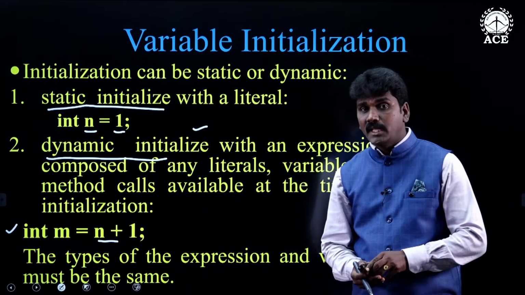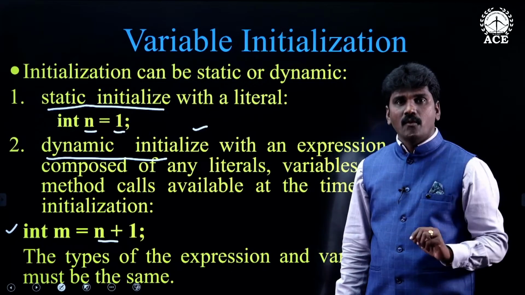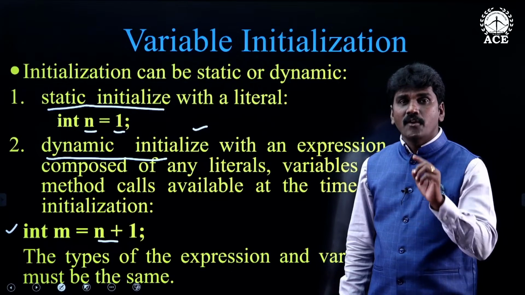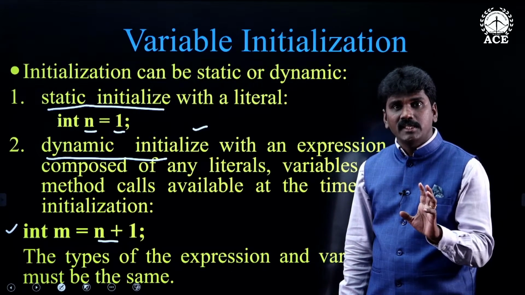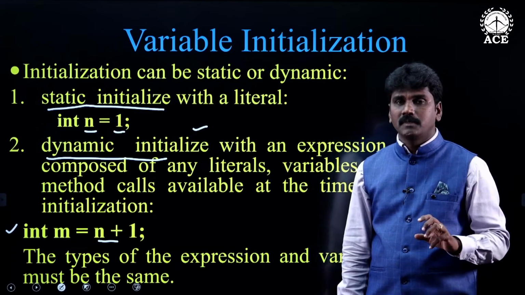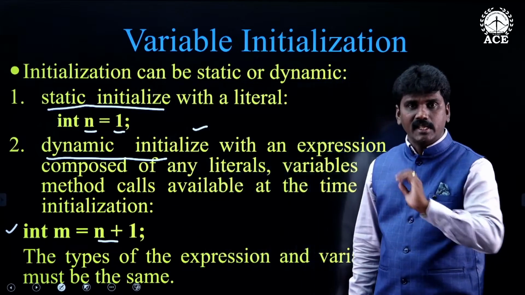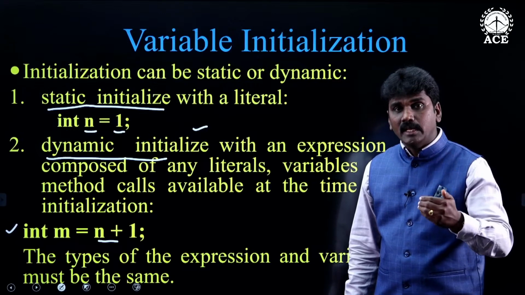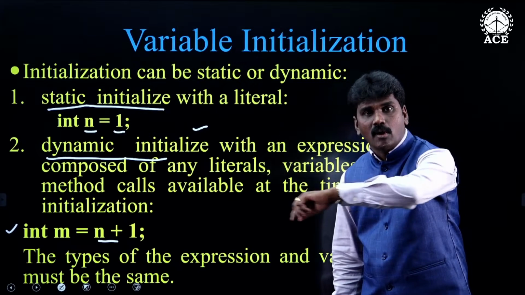The variables can be initialized in how many ways? The variables can be initialized in two ways. What are the two ways? The first one is static initialization. What is static initialization? The variable holds a direct value, like int n = 1; that is static initialization. The second one, dynamic initialization, means the variable can hold an expression also.